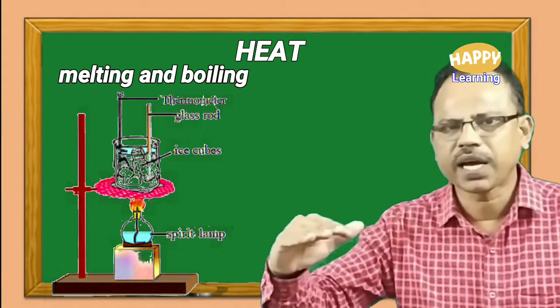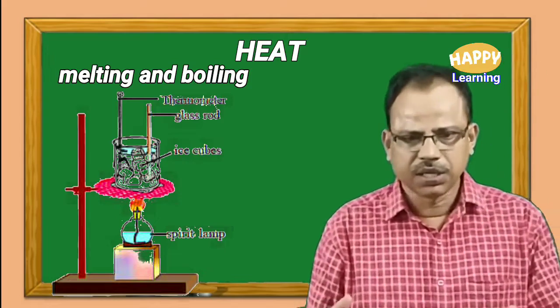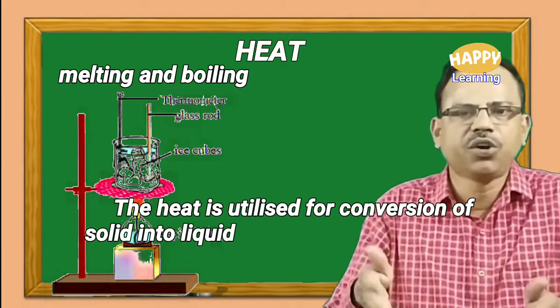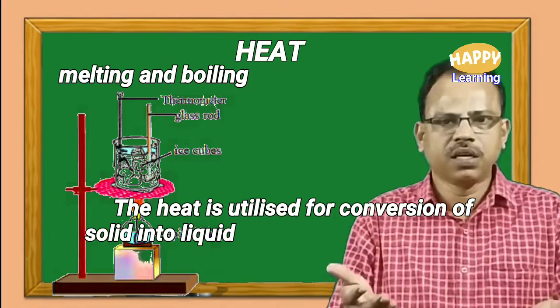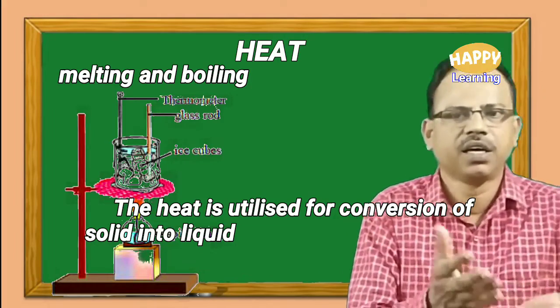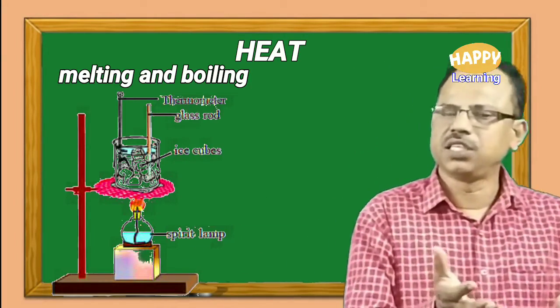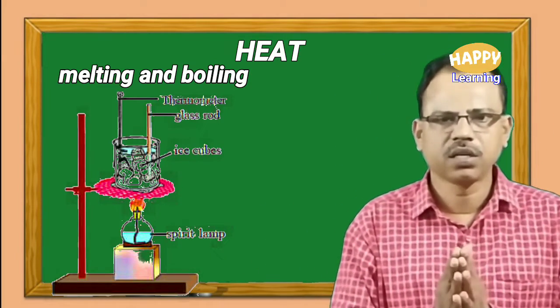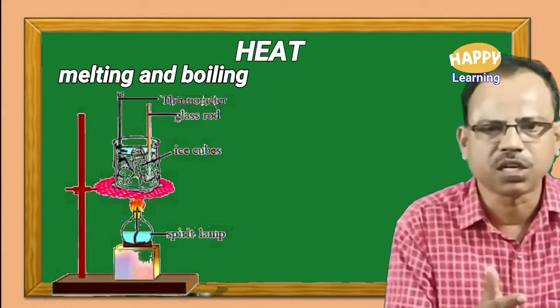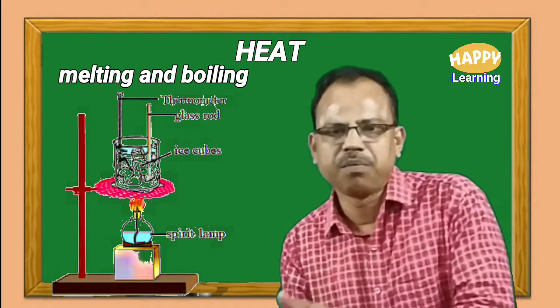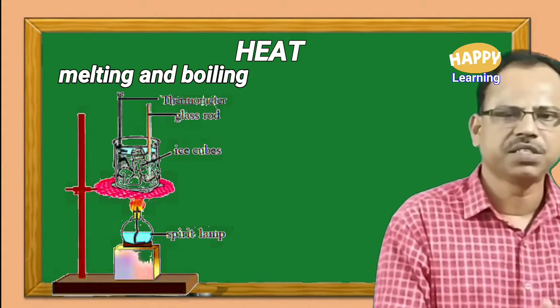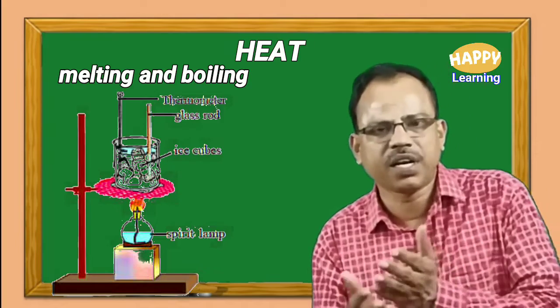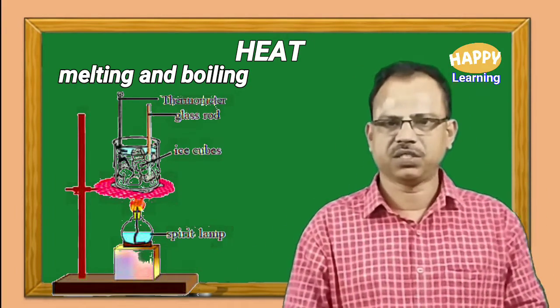Now when the temperature has reached 0 degrees Celsius, the heat supplied is utilized for conversion of solid into liquid. Ice is the solid form of water and water is the liquid form. So this ice now starts melting and becoming water. The solid phase is now converting into the liquid phase.